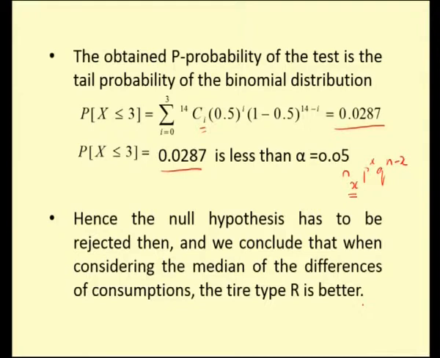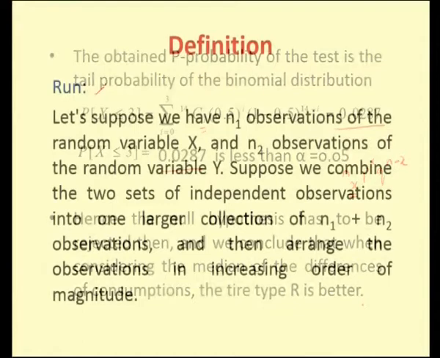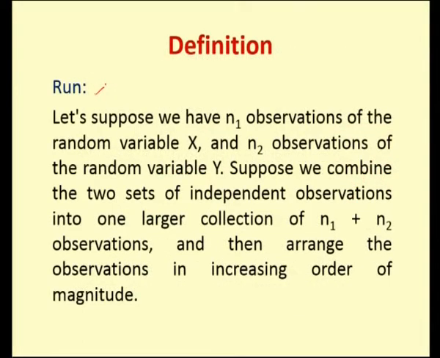So next we will go to the next concept. For that, let us define the concept of run. Suppose you have n1 observations of the random variable x and n2 observations of the random variable y, and suppose we combine the two sets of independent observations into one larger collection of n1 plus n2 observations, and then arrange the observations in increasing order of magnitude.